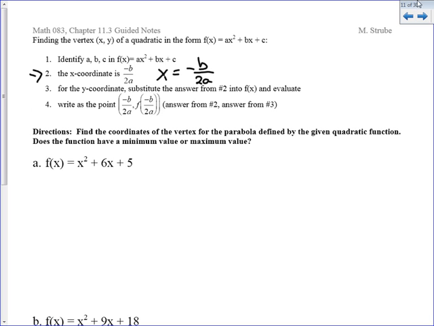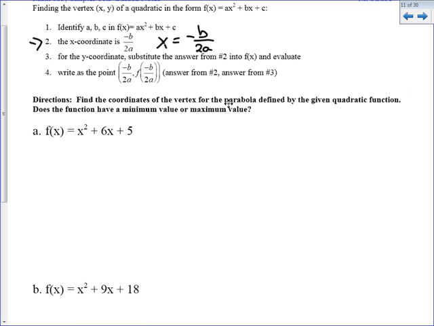So what we want to do is find the coordinates of the vertex for the parabola, and does it have a maximum or minimum value? Does this function have a maximum or minimum value? So if I look at this first example, f of x equals x squared plus 6x plus 5. Is this parabola opening upward or is it opening downward? Upward. So we know this opens upward because a is 1, a is positive.